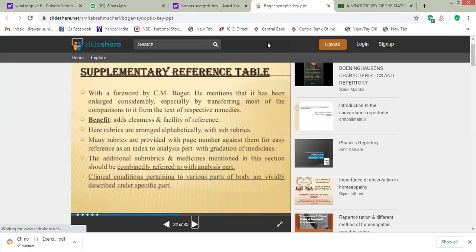So all the additional subrubrics and medicines we found under the analysis part, and any clinical condition related to that organ we found under that particular part in the first section of this repertory, that is analysis or repertory.